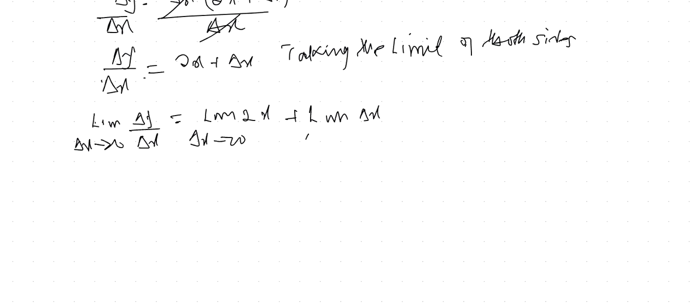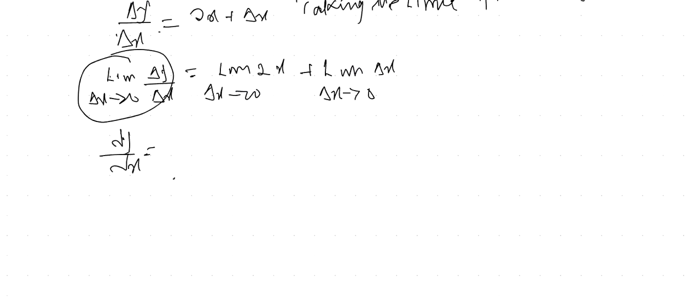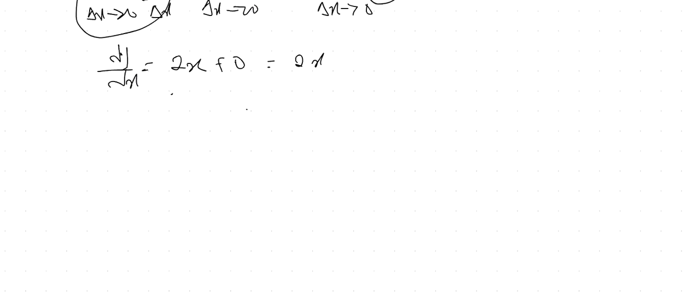If you take the limit of this one, it's going to give you dy dx, and the limit of this is going to give you 2x. Then the limit of this, you put 0 here, so it's going to be 0, which is 2x. So therefore, we'll say that dy dx is equal to 2x. It's as simple as that.